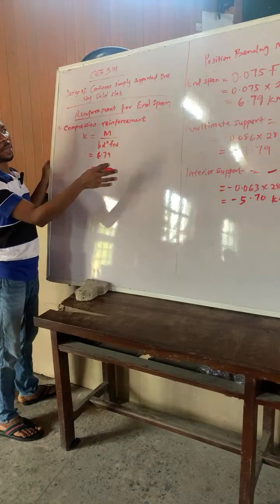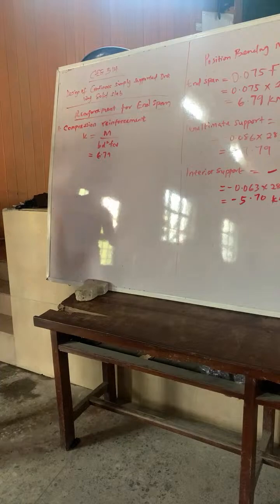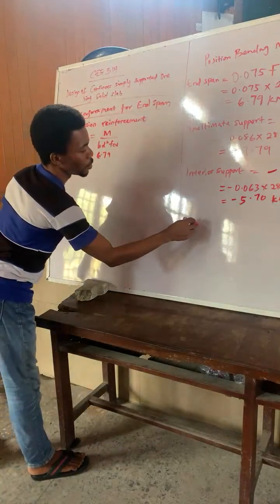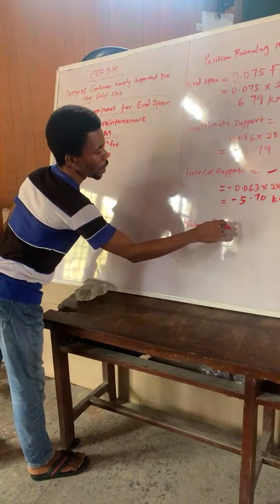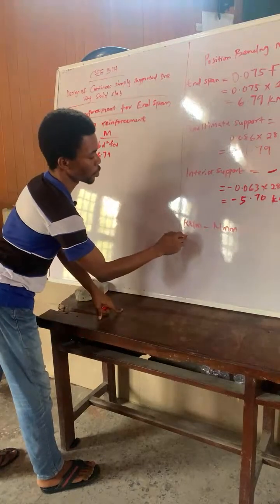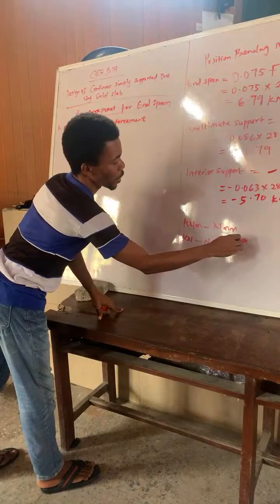Then our moments, we will convert to Newton millimeter from kilonewton meter. When you convert kilonewton to Newton, it is times 10 to the power 3.